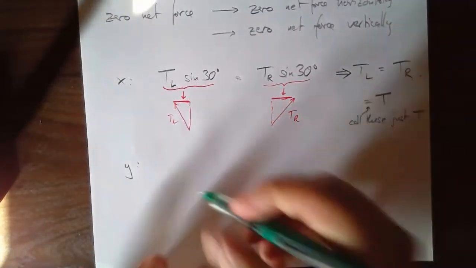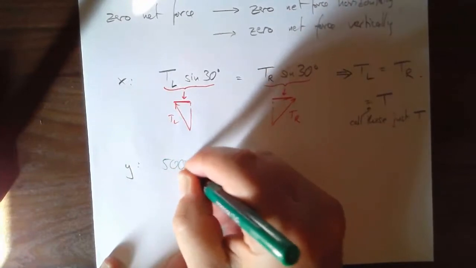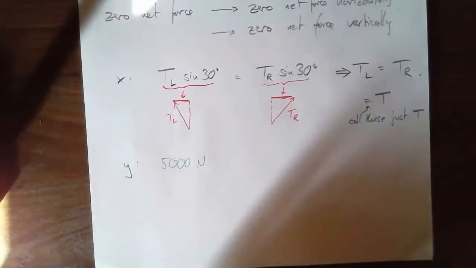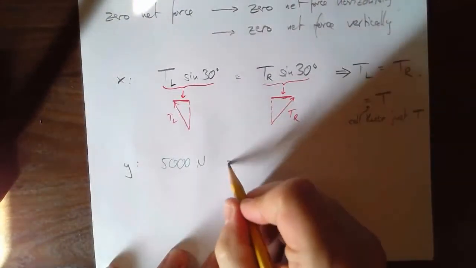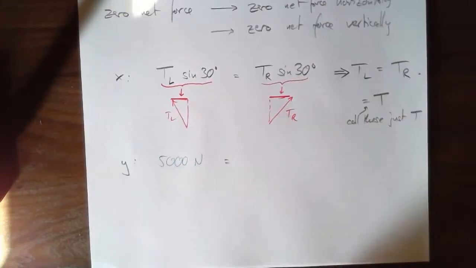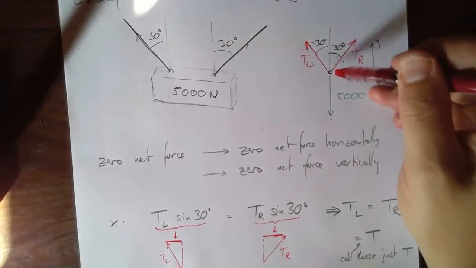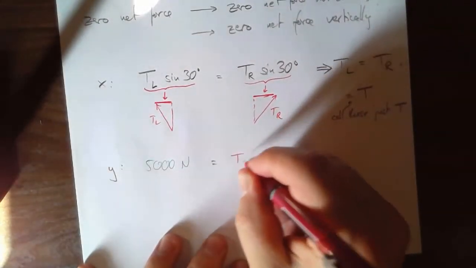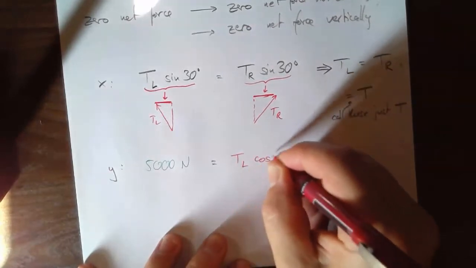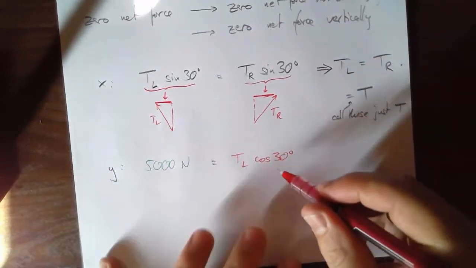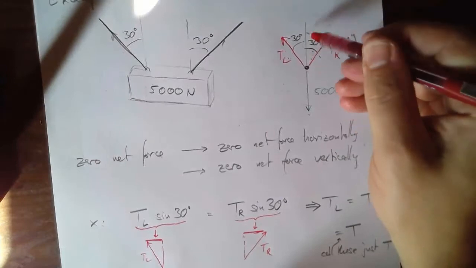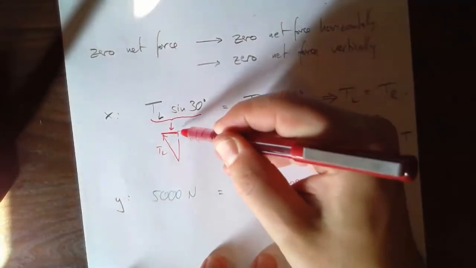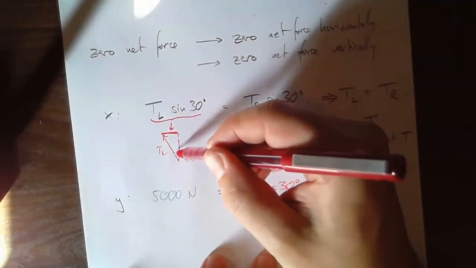And so we have that the weight is going to be equal to the vertical component of this and the vertical component of this. So let me write it out like this first. TL cosine 30 degrees. I hope you can see why this cosine, because this component here is the adjacent to this angle down here.